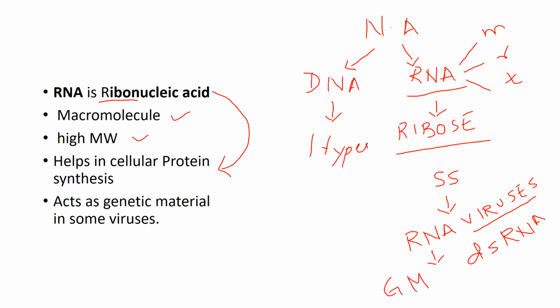So that is also one of the major differences between DNA and RNA. Here I want to explain that whenever you write the types of RNAs, mRNA, rRNA, tRNA, you have to always write the m, r or t in small, never in capital. The learner should always take care of this.